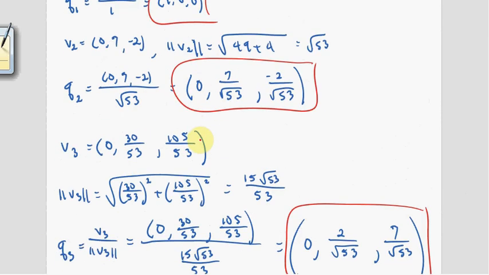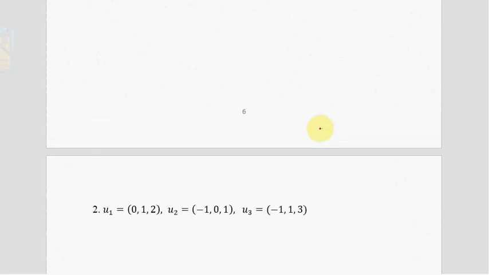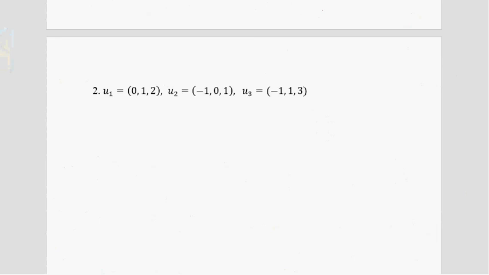Now, there's one problem left. My time is coming to an end, and so let me just give you the answers to this one, and then you can work that out and see if your answers match what I have. So first you're going to find V1, V2, and V3.